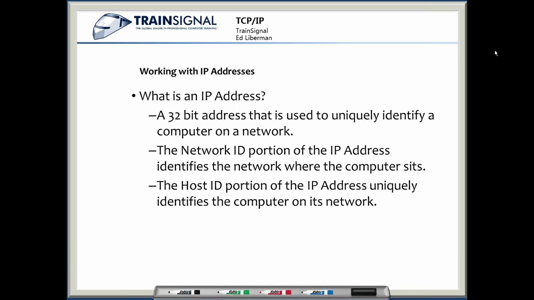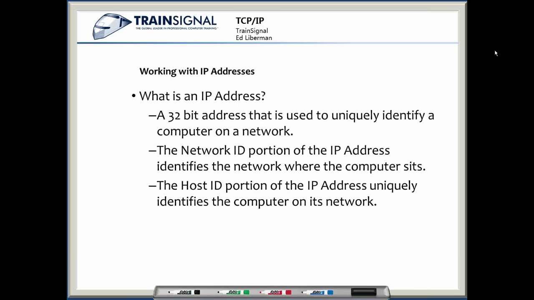And here's something very, very specific I want you to know about the IP address. Really I should start off by saying there are two components to an IP address. I know it looks like 4 numbers with dots, but there's 2 components. There's the network ID component, and this is the portion that identifies what network the computer is on.